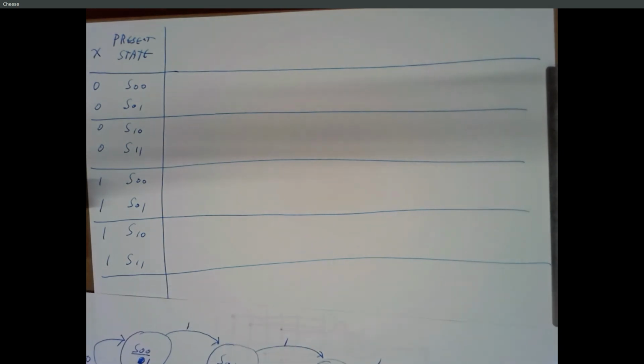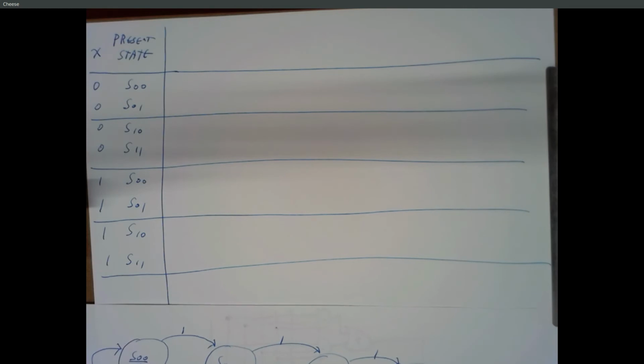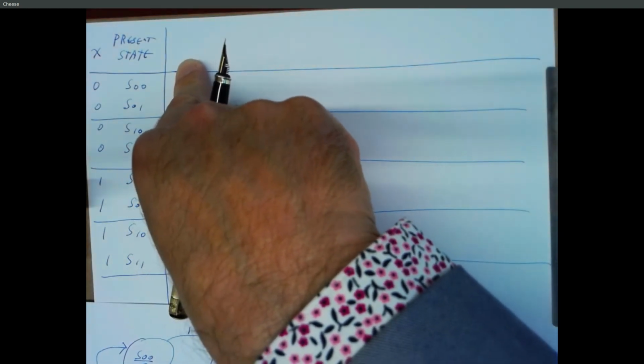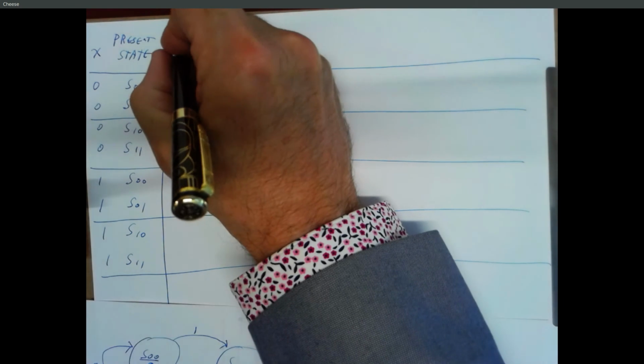All right, 4 possible states, 2 possible inputs. So 8 rows in our transition table. And then what do I want to put in the next column? Next state. Sounds good.